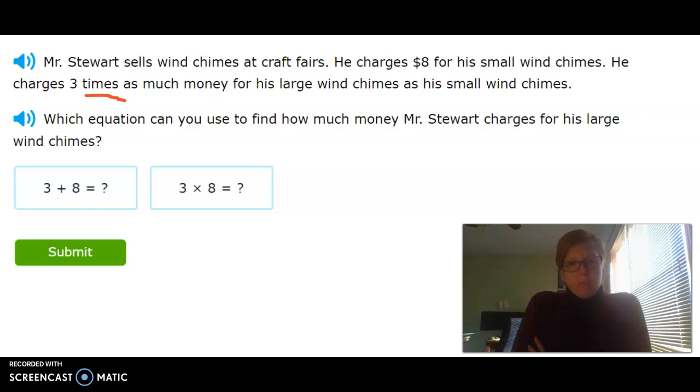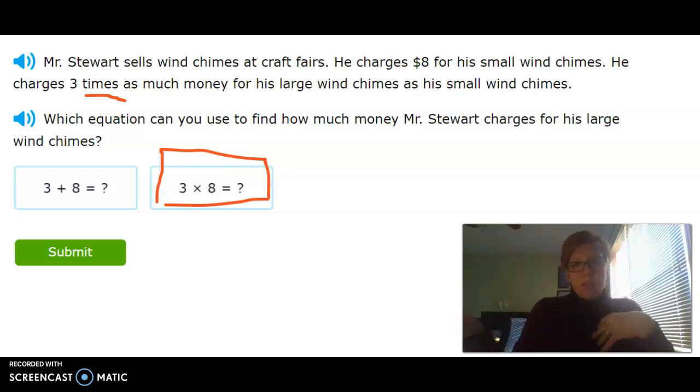I think so too. Times. So when I see the word times, chances are I'm going to be multiplying. So my correct answer would be 3 times 8, because if he charges $8 for his small wind chimes and 3 times 8 is 24, then he charges $24 for his large wind chimes.